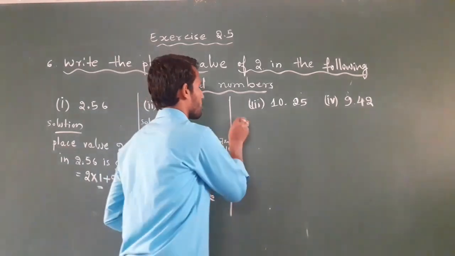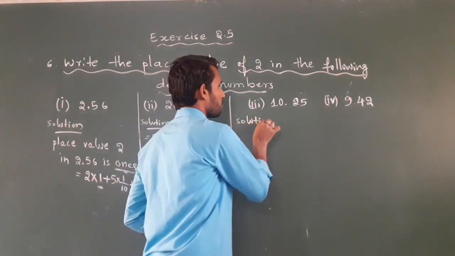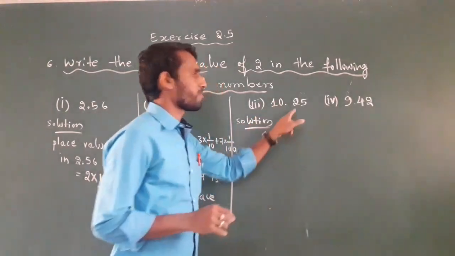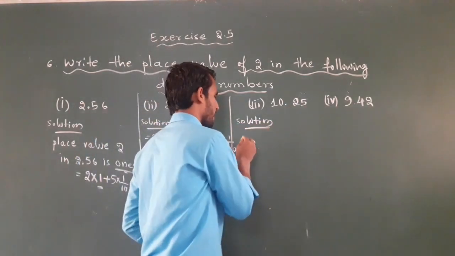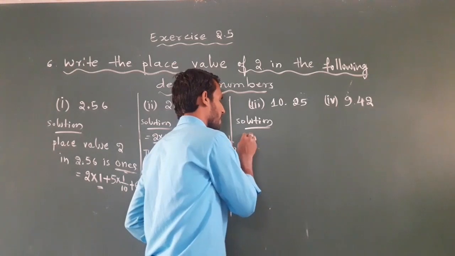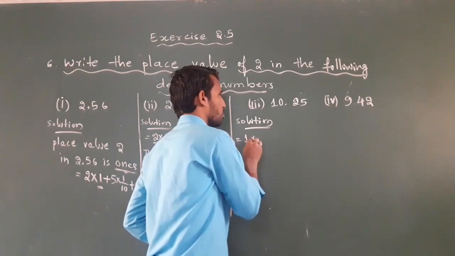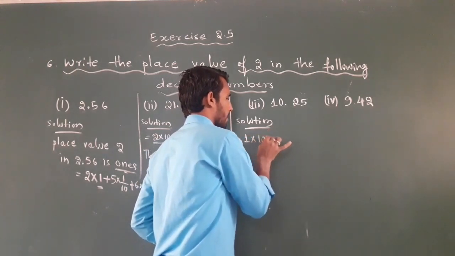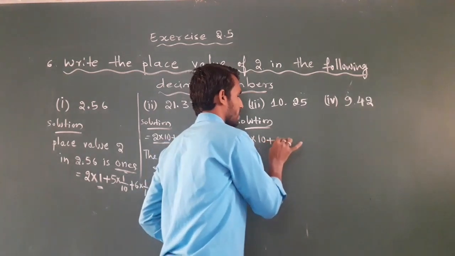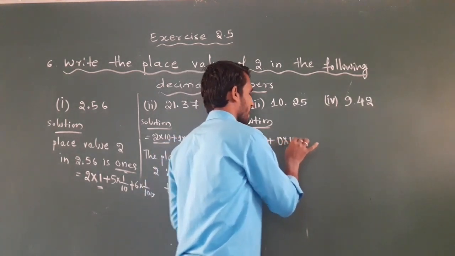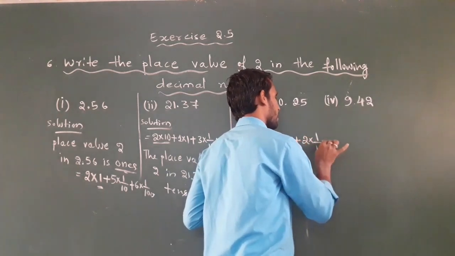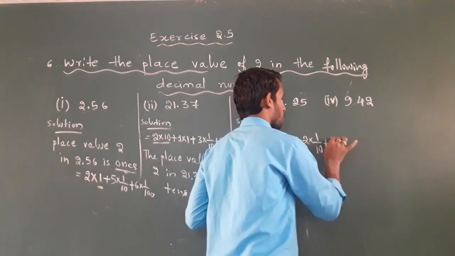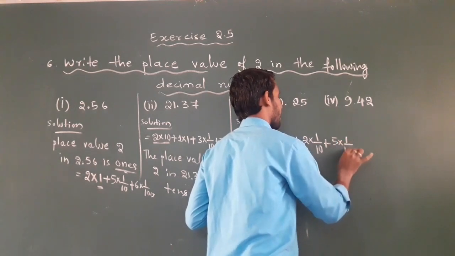Third problem here. Solution. Here also we have to find the place value of 2. When we write in expanded form, we get 1 into 10 plus 0 into 1 plus 2 into 1 by 10 plus 5 into 1 by 100.